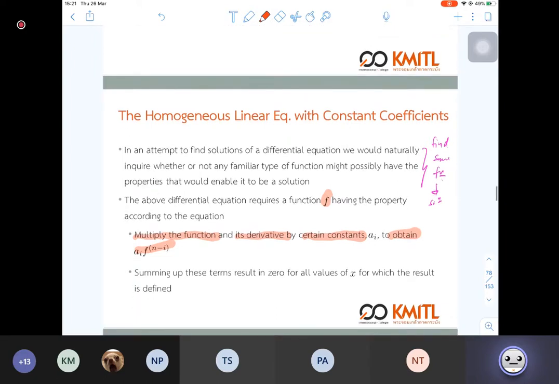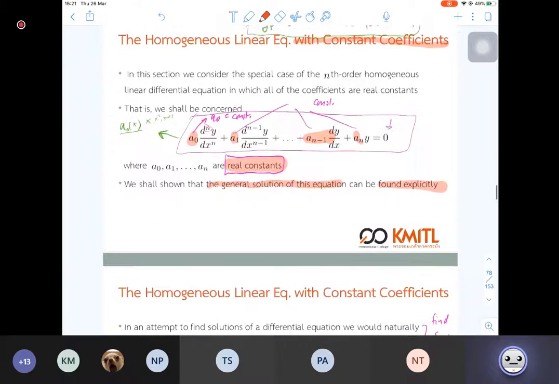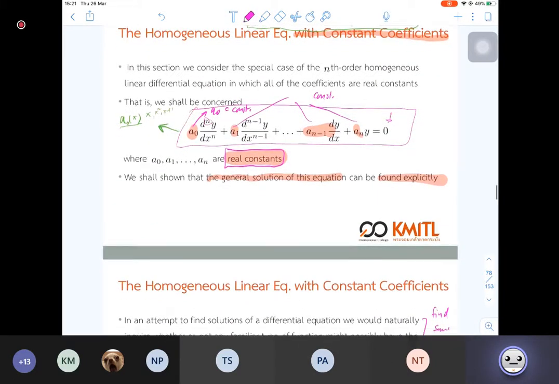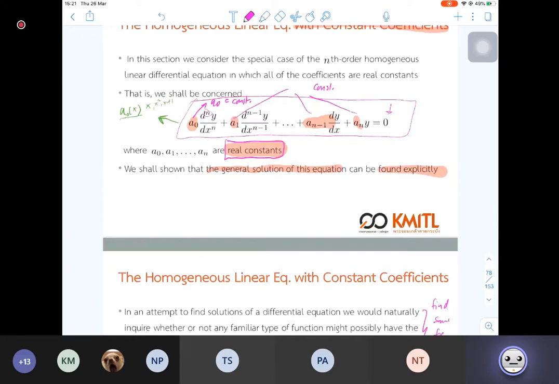And when you sum them all, you get 0. You can see that from the equations here. Let's take a look at the second order just to make it easier to see: a sub 0 plus a sub 1 dy by dx plus a sub 2 y equal to 0.